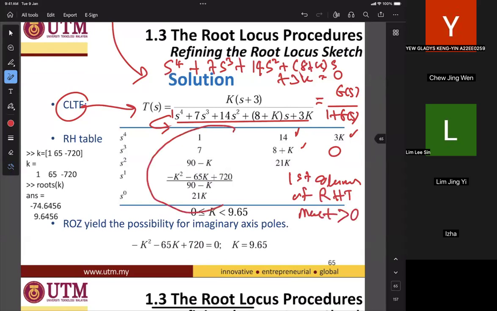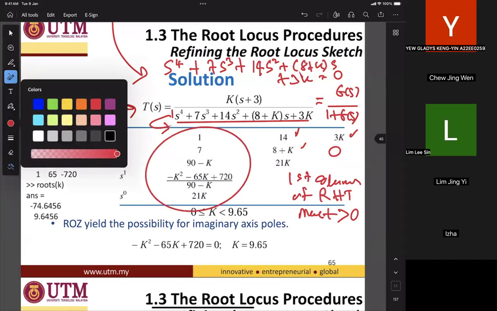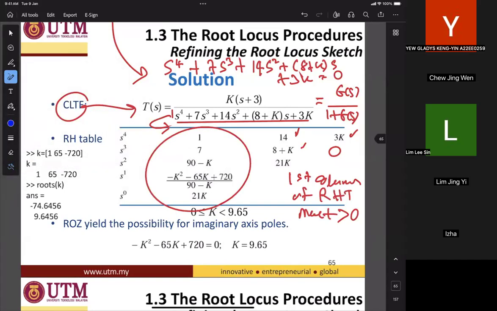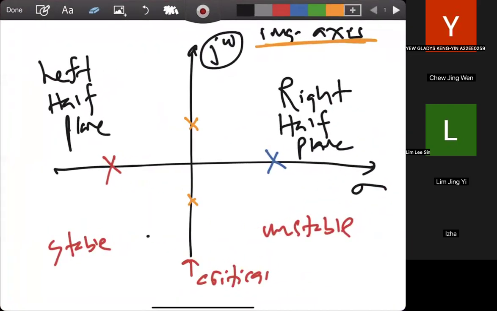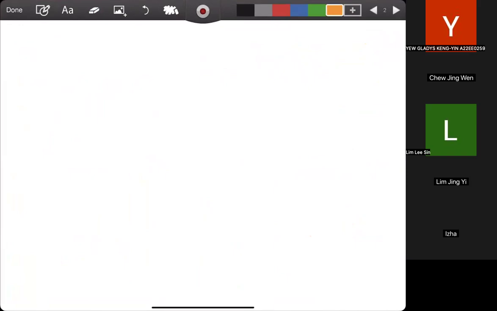You can see that this is the first column. And 1 is greater than 0. Okay. 7 greater than 0. Okay. So we have a K in these three equations. Okay, which is 90 minus K. Okay, 90 minus K greater than 0.